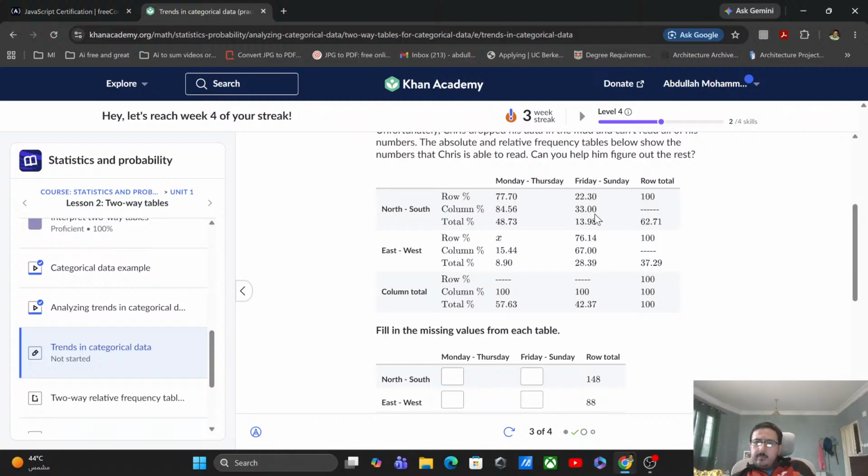That doesn't add up. This is a column, so this is not the one thing.